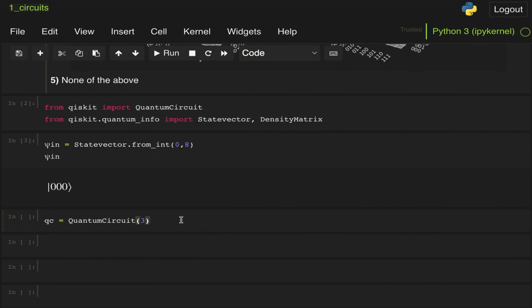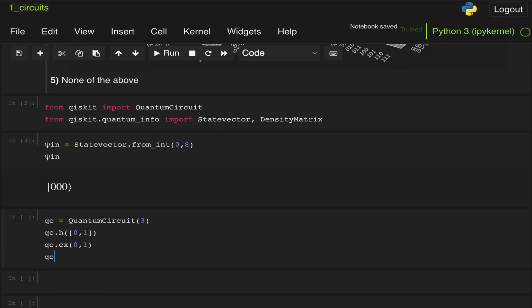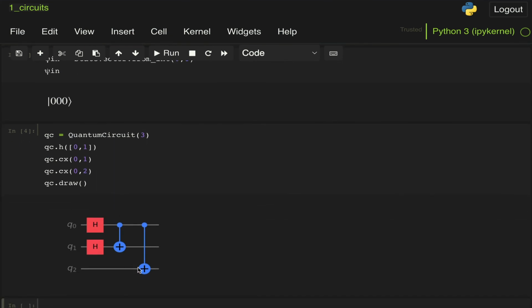So what we're going to do here is apply Hadamard gates on qubits 0 and 1, and CX gates from qubit 0 to qubit 1, and from qubit 0 to qubit 2. Then we're going to draw our circuit. There we go, and it looks the same as what we had above.